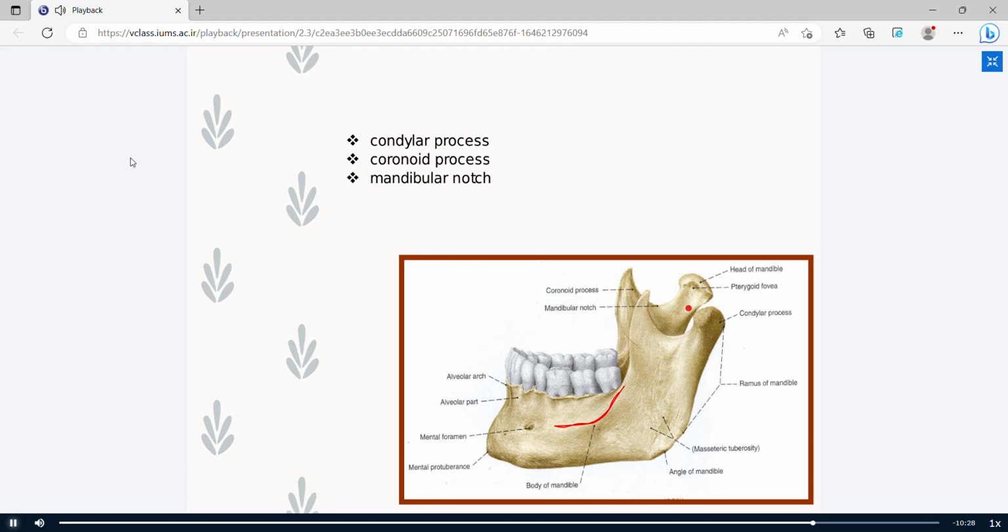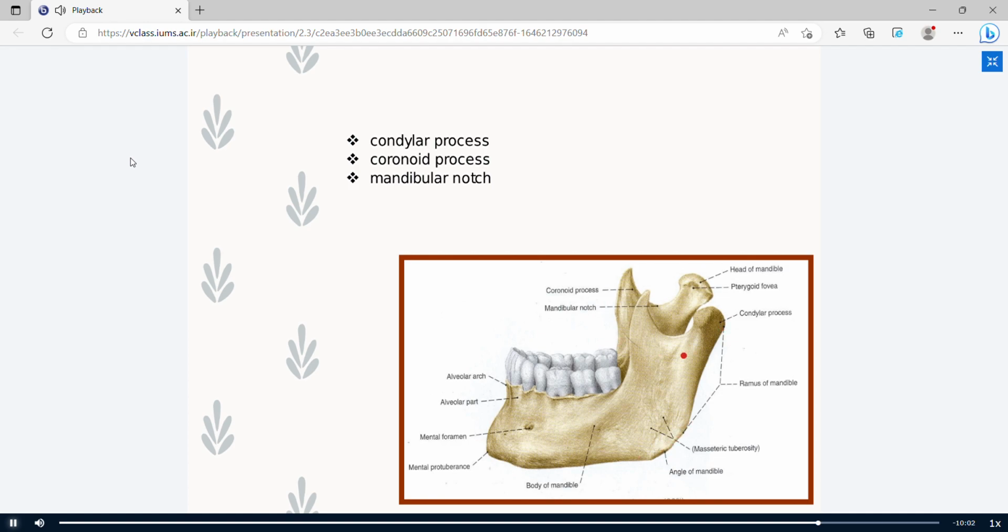The ramus has a superior border, posterior border, inferior border, and anterior border. The anterior border is a continuation of the oblique line. The posterior border joins the body and forms the angle of the mandible.